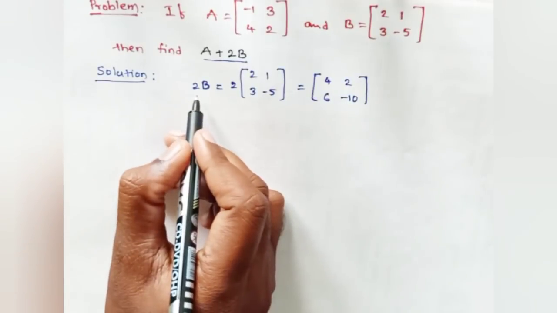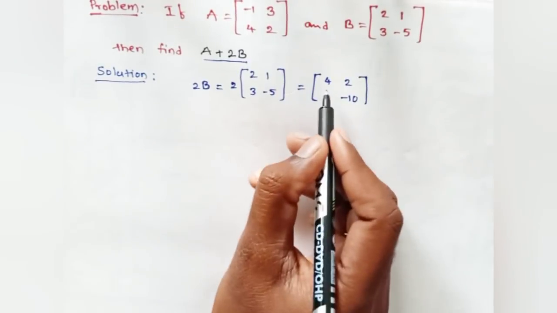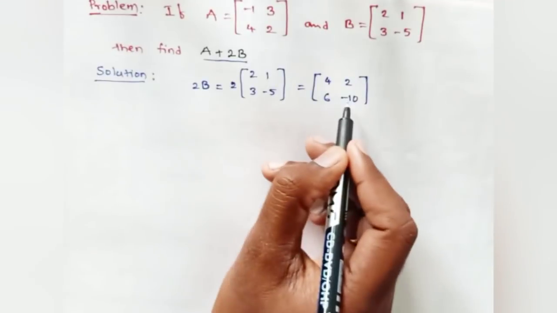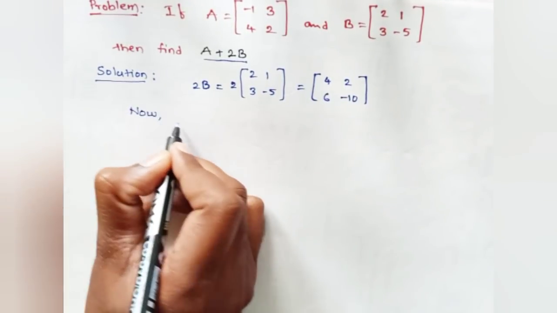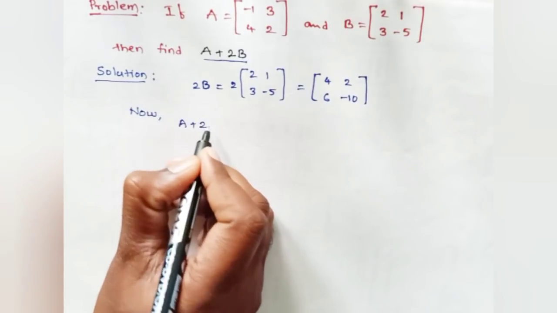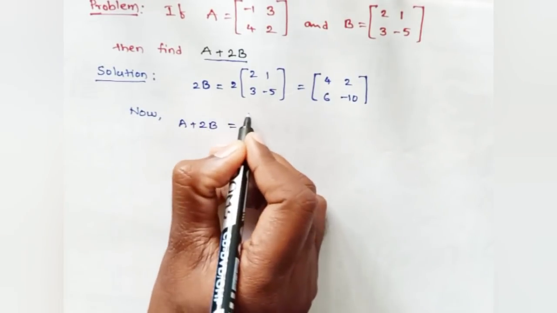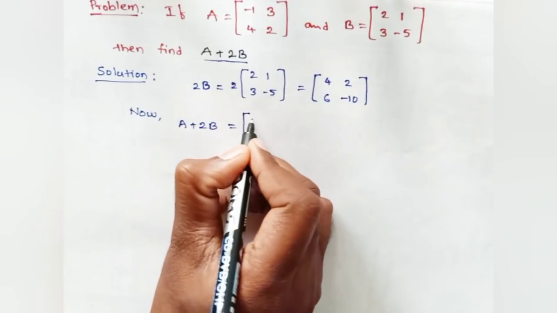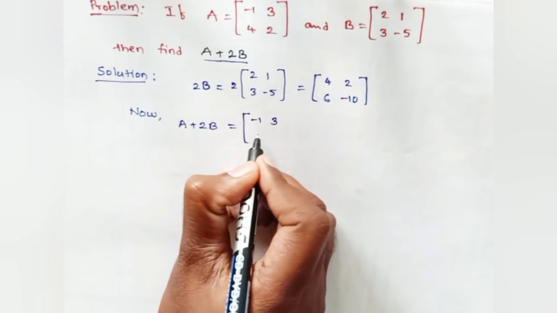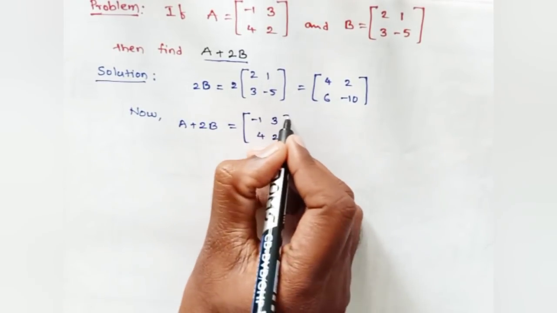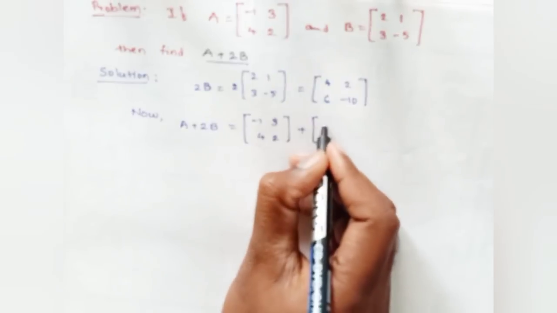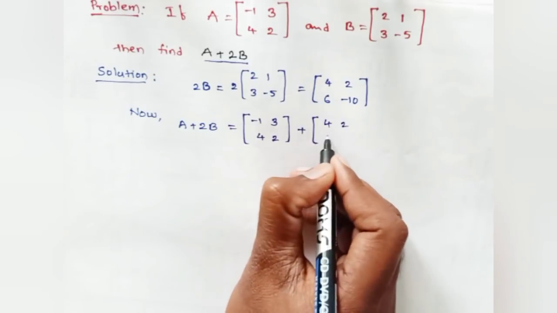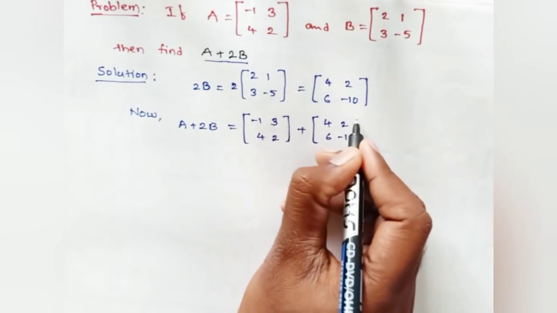So now we have the matrix 2B, that is 4, 2, 6, -10. Now evaluate A plus 2B, which is the matrix A, -1, 3, 4, 2, plus the matrix 2B, that is 4, 2, 6, -10.